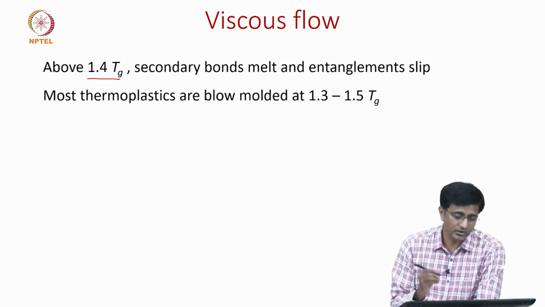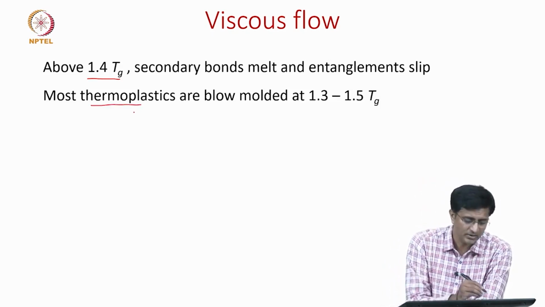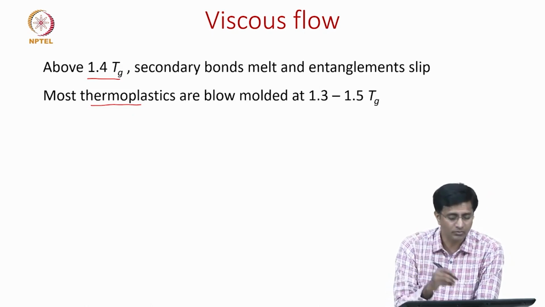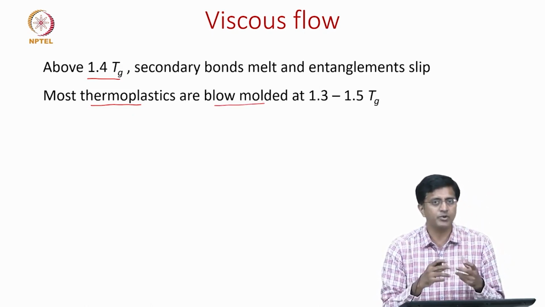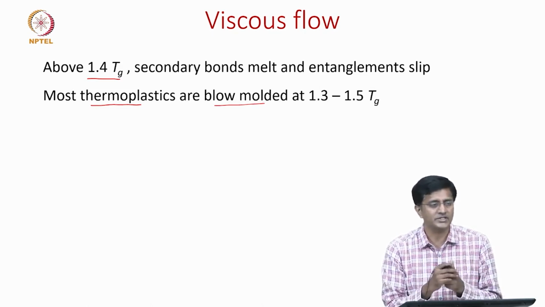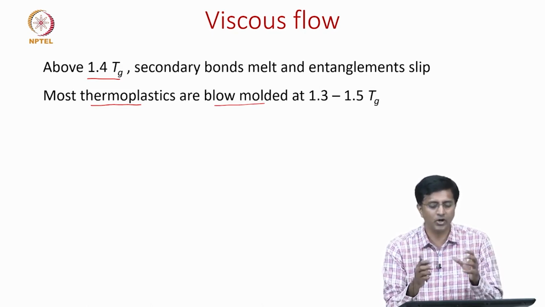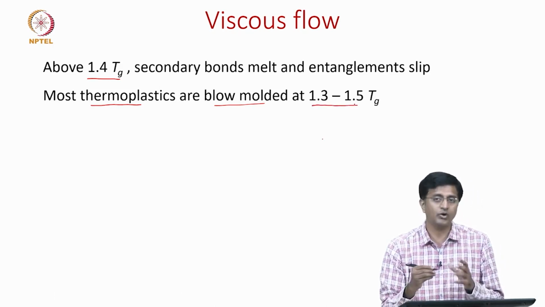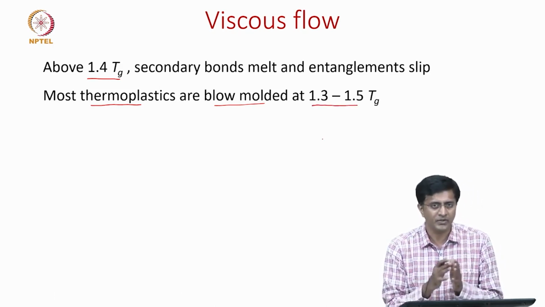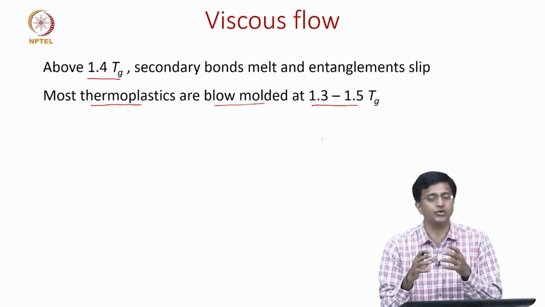Usually this is an advantage because most thermoplastics we blow mold them. Blow molding is a manufacturing process to prepare hollow components such as water bottles. Usually what they do is they heat the polymer to temperatures of about 1.23 to 1.5 times the glass transition, because at that temperature we have seen the modulus is less and it is free to flow.